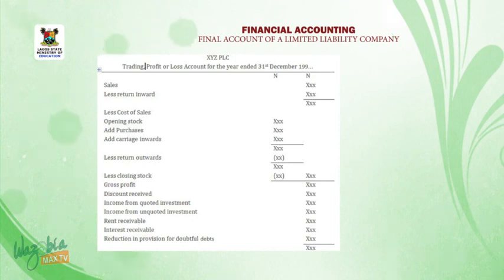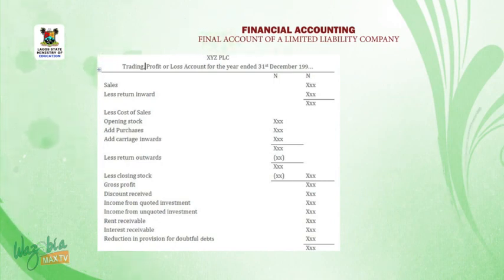We now less cost of sales. Below it, we have opening stock. We add purchases. We add carriage inward. We will less return outward. Then we get cost of goods available for sales. We will less our closing stock, and we get our cost of goods sold, which is deducted from our net sales to get our gross profit.